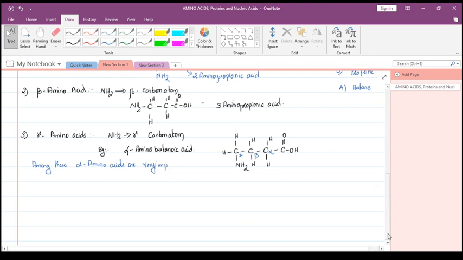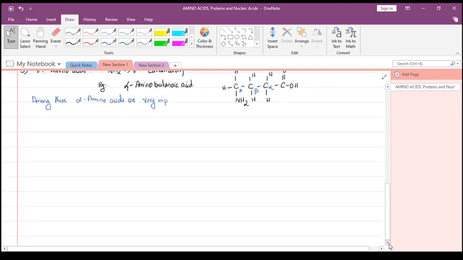Hydrolysis of peptides, peptides meaning proteins. Hydrolysis means addition of water. Addition of water on the peptides or proteins gives alpha amino acids.